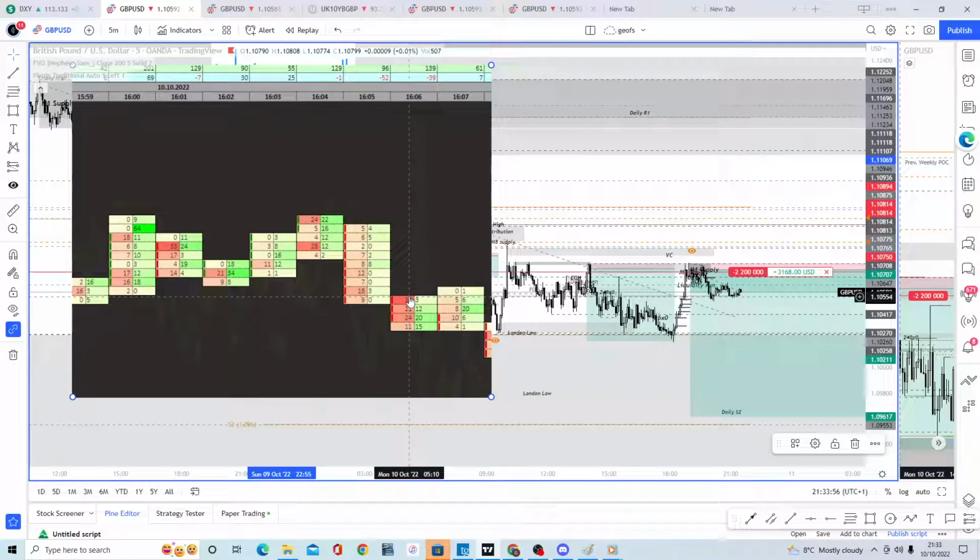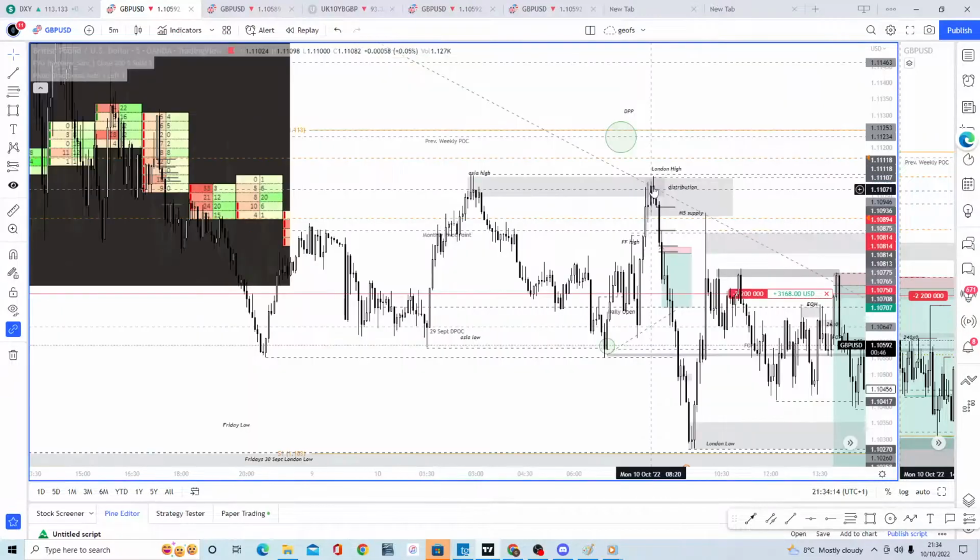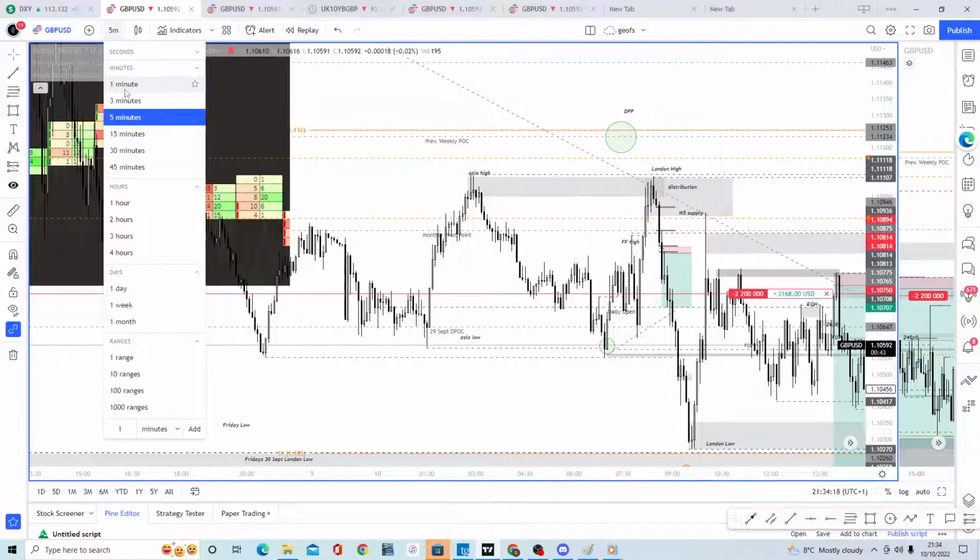I think I waited for a bit of a retest of one of these. It was like the 12.0 or something. So that was a very aggressive entry, and you might think, wow, that's quite something to take a rocket and then short it. There are other reasons for this, which I'll get into now.